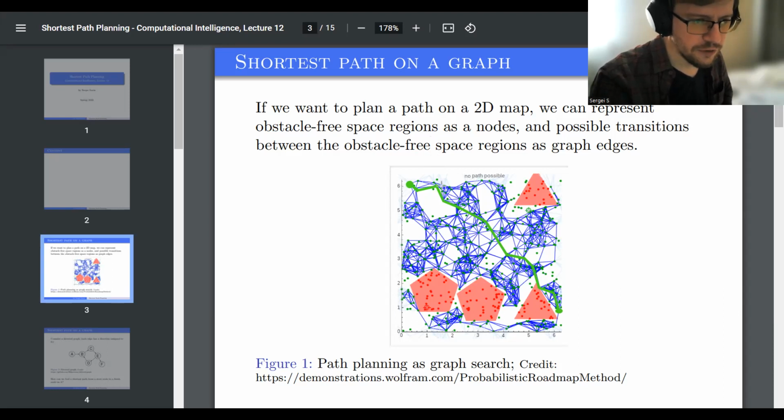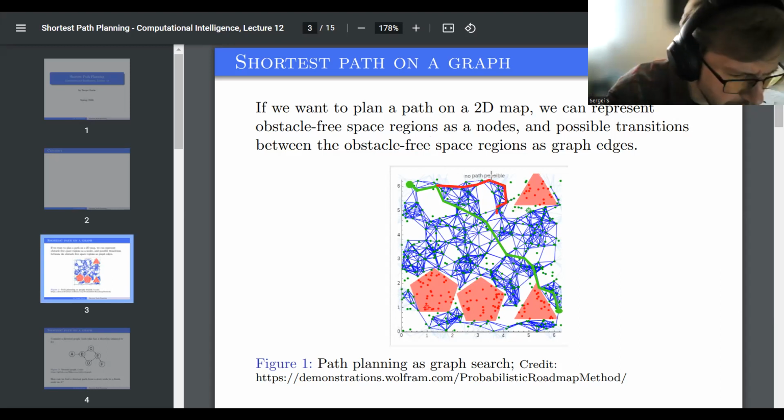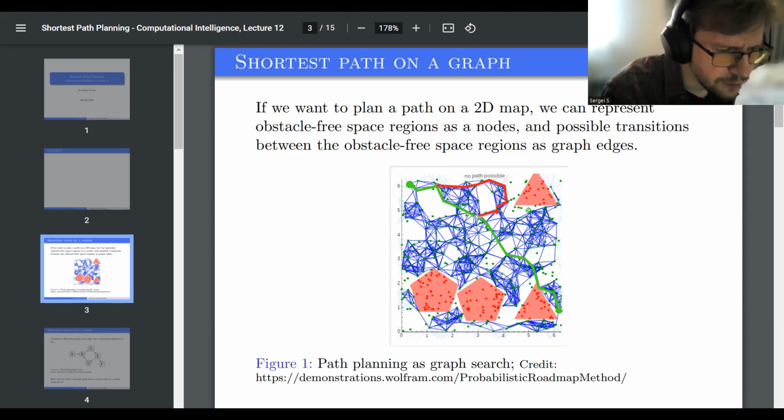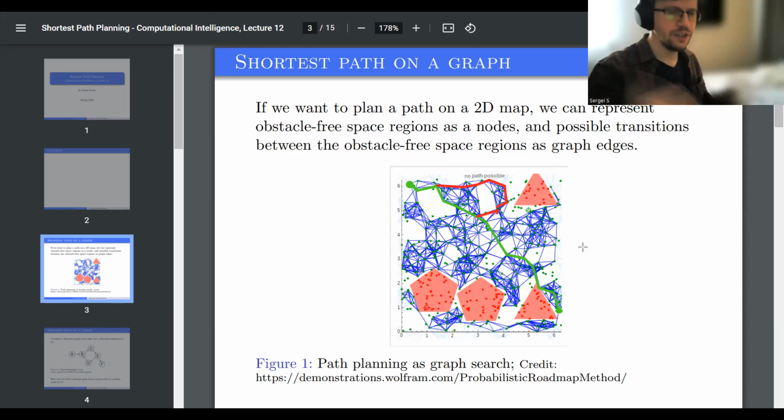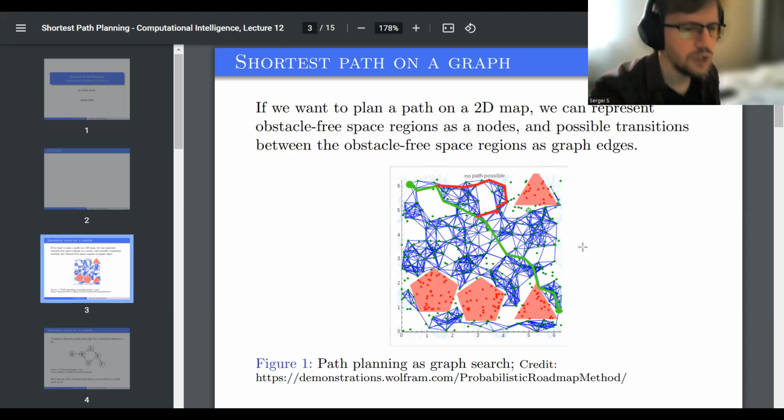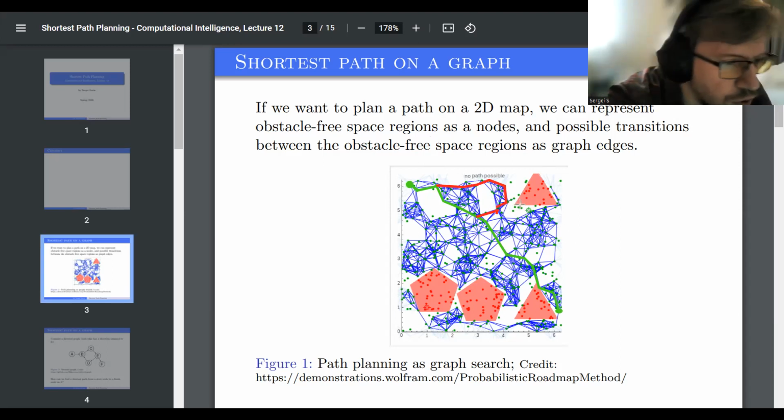For example, if I went somewhere here, let's say here, here, here, here, here, here. Let's just say here. This segment would only increase the length of the path. It's not going to, visually at least, it's not going to do anything good. So this is a problem of finding the shortest path from one node to another node.